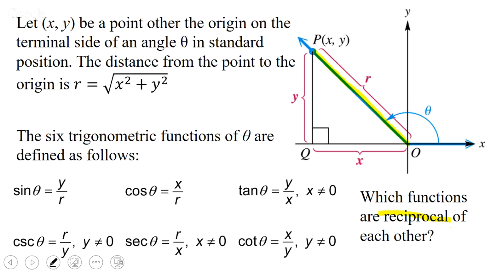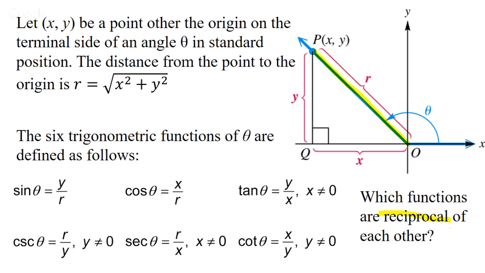Cosecant is the reciprocal of sine, secant is the reciprocal of cosine, and cotangent is the reciprocal of tangent. You just take the fraction and flip it. So cosecant is r over y, secant is r over x, and cotangent is x over y.